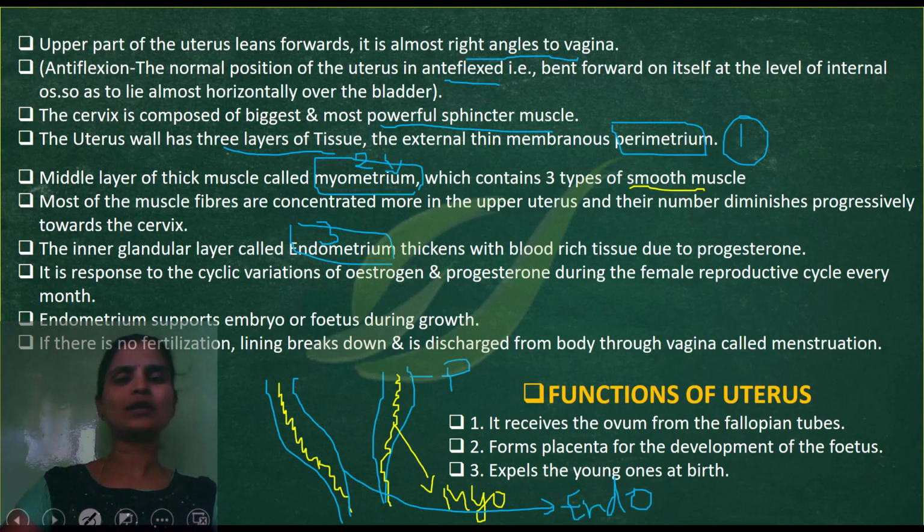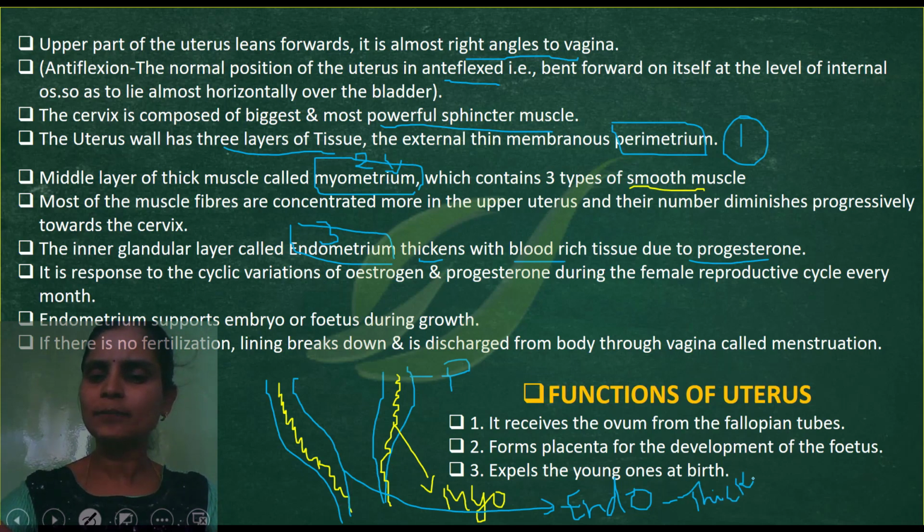The endometrium cells are richly supplied with blood, and it also has more thickness. This is due to the progesterone hormone. Because of the progesterone hormone, the endometrium becomes more thickened.